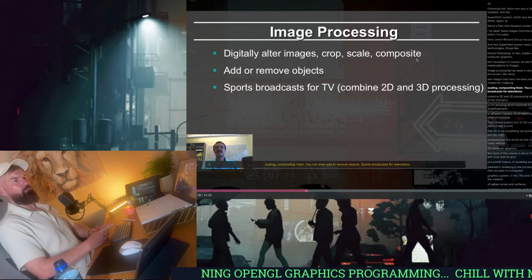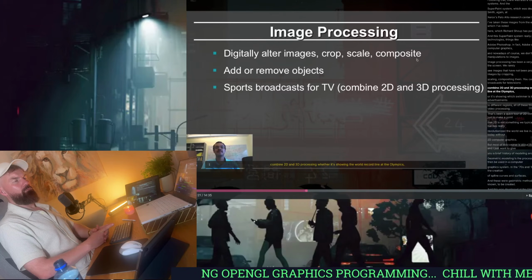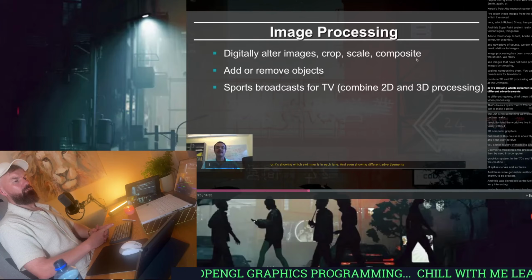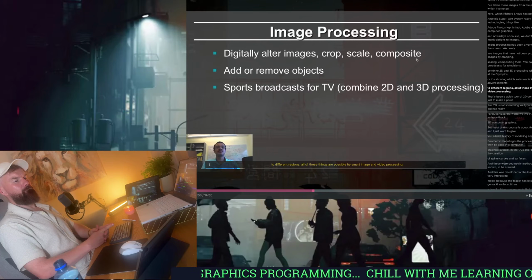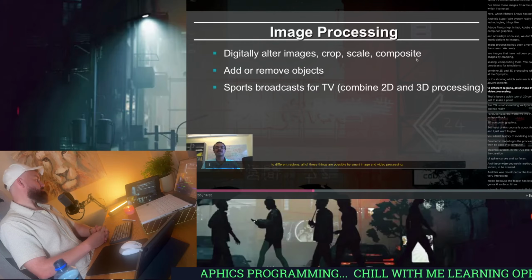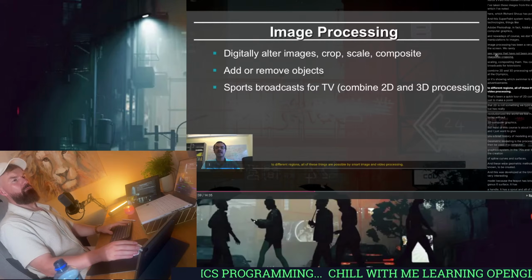Sports broadcasts for television combine 2D and 3D processing, whether it's showing the world record line at the Olympics, or showing on each lane which swimmer is in each lane, and even showing different advertisements to different regions. All of these things are possible by smart image and video processing.